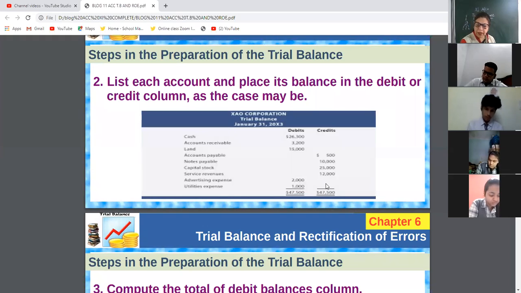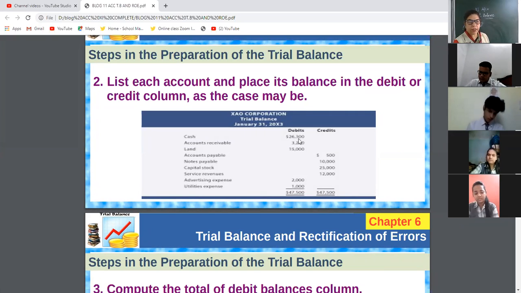Yesterday I explained to you the format of trial balance. So you will put the balance as the case may be. If the balance is in debit, then you put it into the debit side.